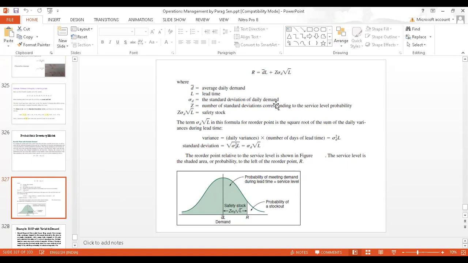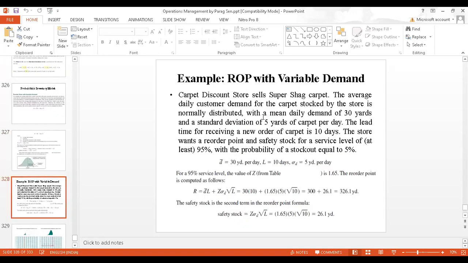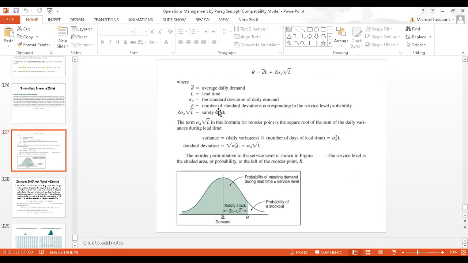If the standard deviation of the daily demand is sigma d, then the variance of the daily demand will be sigma d square. Suppose sigma d is equal to 5 items. Then sigma d square will be 25.